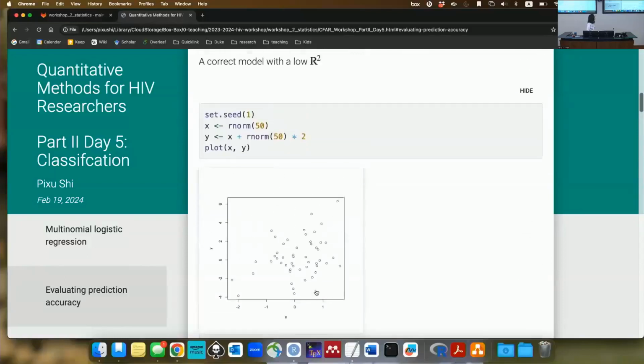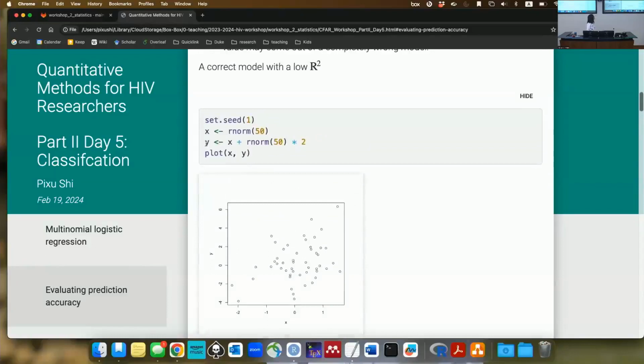So it's saying that 13% of the variance in Y is explained by X. But if you do a reverse regression of X on the left and Y on the right, you will have the same R square. So does it mean that your variance in X is also explained by Y? There's really no direction of which explained which. So in reality, you barely know where the causal direction is.